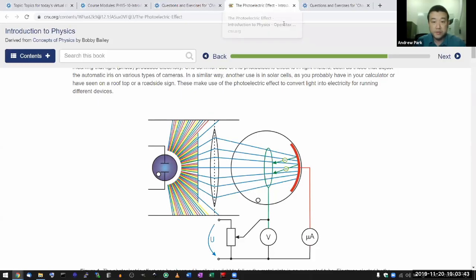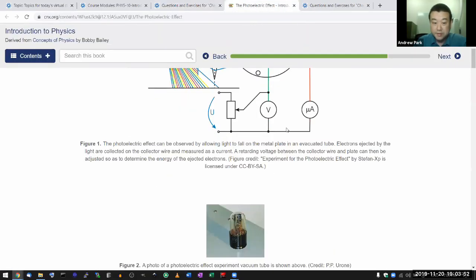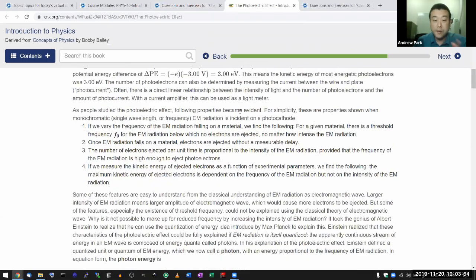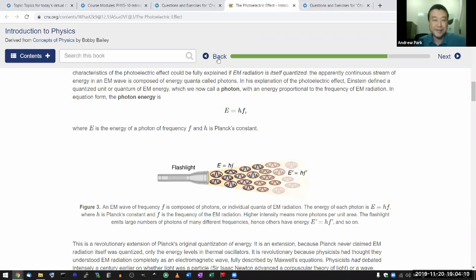So it says read the photoelectric effect because the question is about energy of a photon. And the section itself goes into what expression gives you the energy of the photon. There it is. Energy of the photon is h, Planck's constant, times frequency. That's the key equation, key relationship you need to use. So that's why it says read the section.